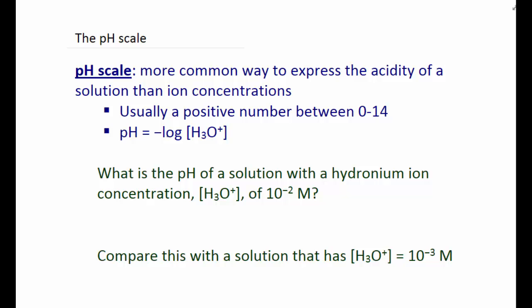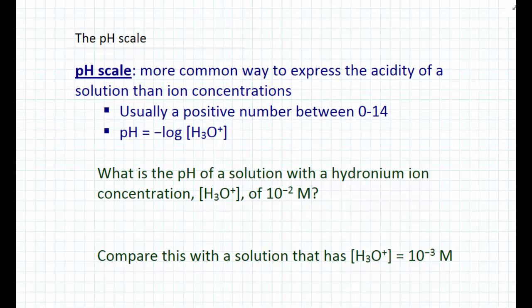So this will be a quick thing for us to do before we go. Let's do pH calculations with no calculator. You can do it if it is an exact power of 10. That will help you understand what that logarithm does.